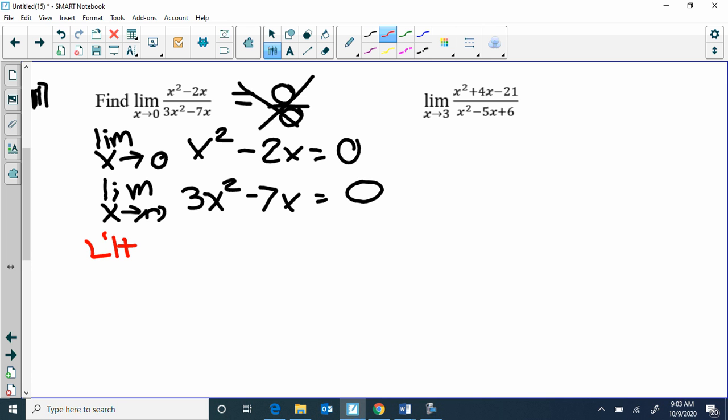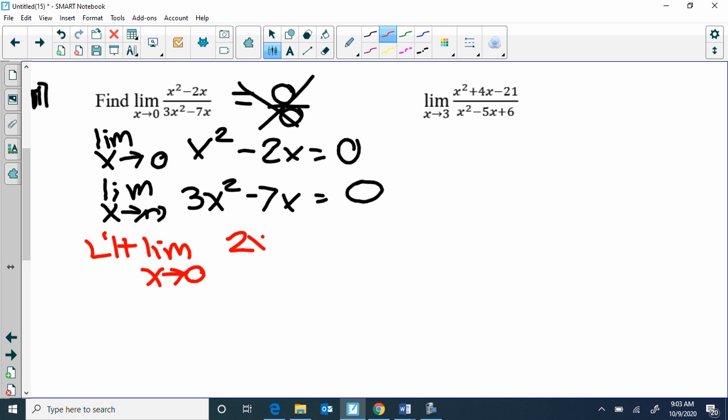Let's denote L'Hopital's rule with a little LH just so I know what I'm doing. We're still going to keep our limit as x goes to 0. Then we take the derivative of the numerator, and this is just simple power rule. It's not quotient rule where you're taking the derivative of the entire function. The numerator is considered separate from the denominator.